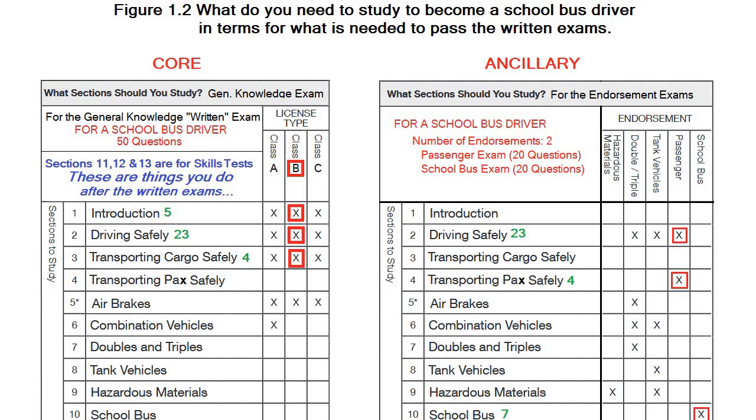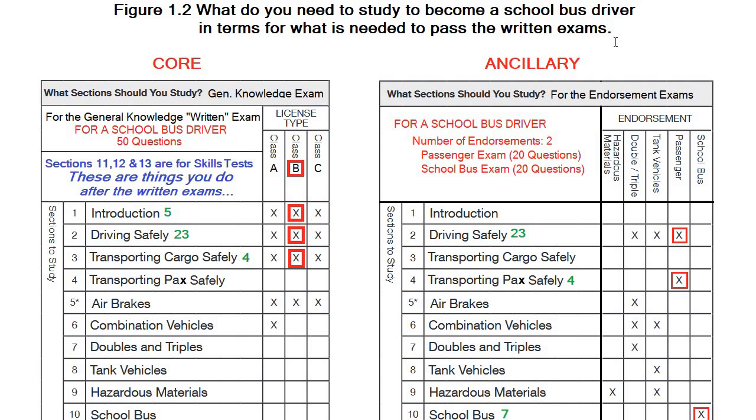So what I have here is figure 1.2, which states what you need to study to become a school bus driver in terms of what is needed to pass the written exams. Let me just break this down. You have written exams, they call them knowledge tests, and you also have what are called skills tests.